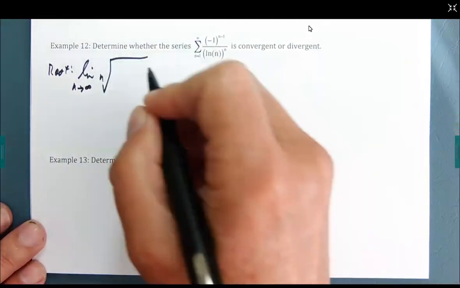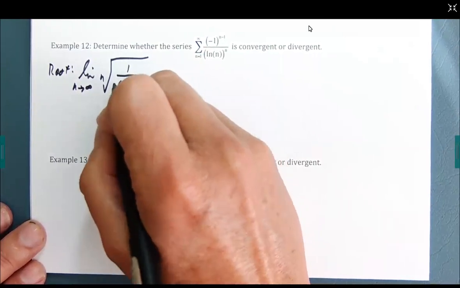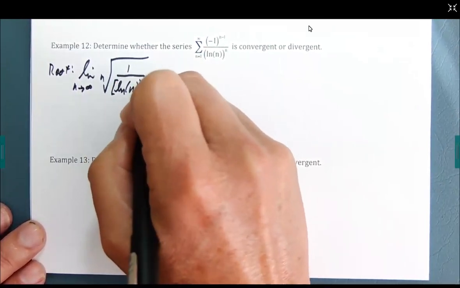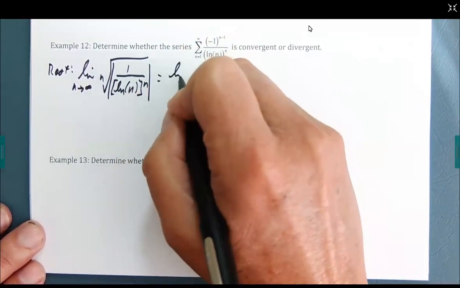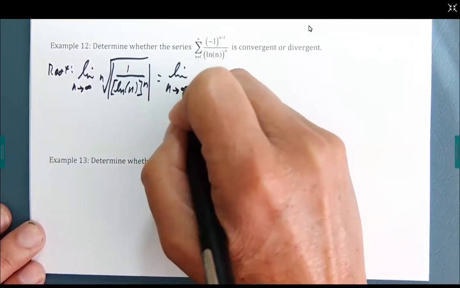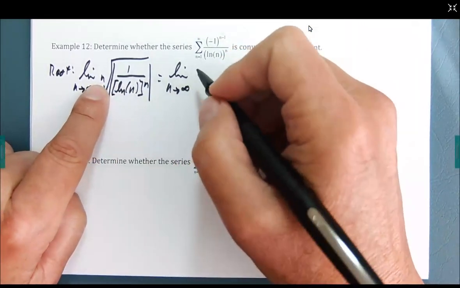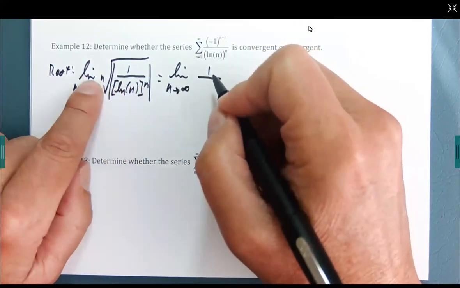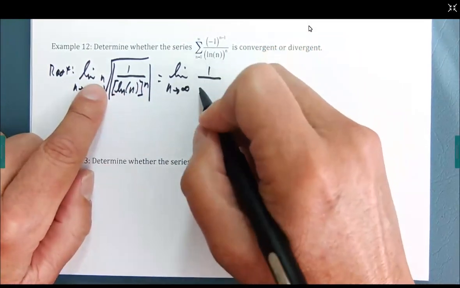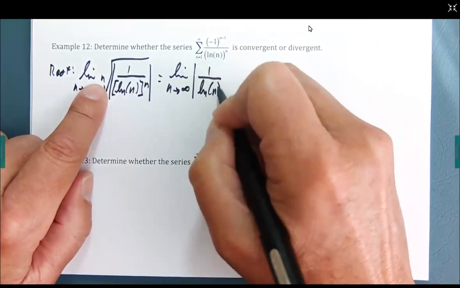The nth root of 1 over (ln of n), the nth power, absolute value. Now, 1 to the n power is just always going to be a 1. This one, the exponents cancel out completely. We just end up with ln of n.